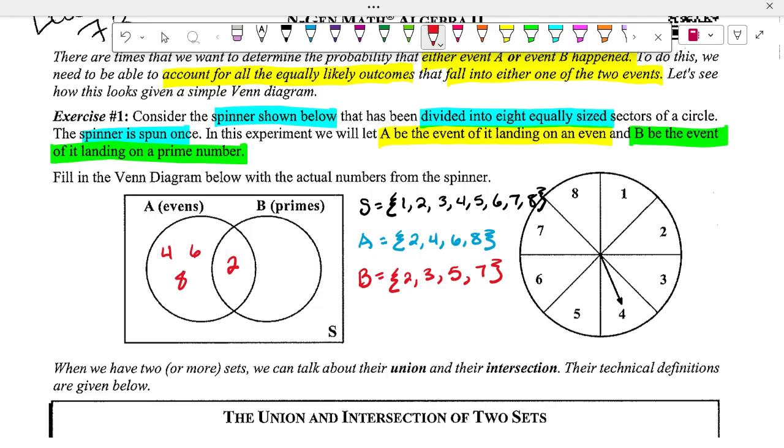We took the 2 out and put it in the middle. It's still technically in the A circle. So the primes would be 3, 5, 7, still including 2. It's still in that circle. And then what's the only one that got left out? 1. It's in the sample space, but not in any of our events.